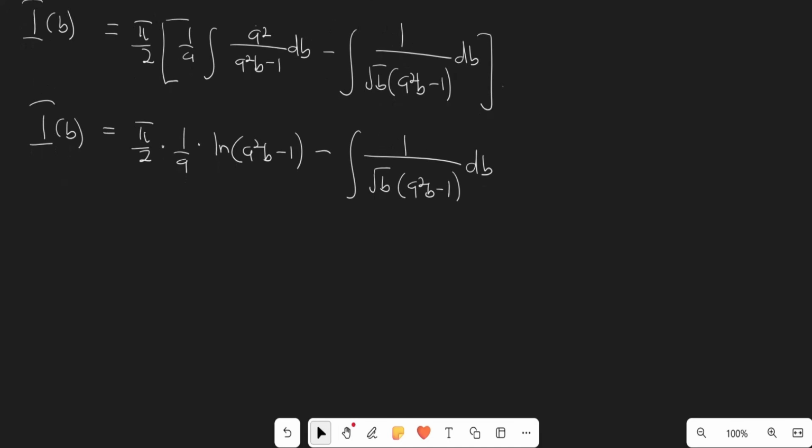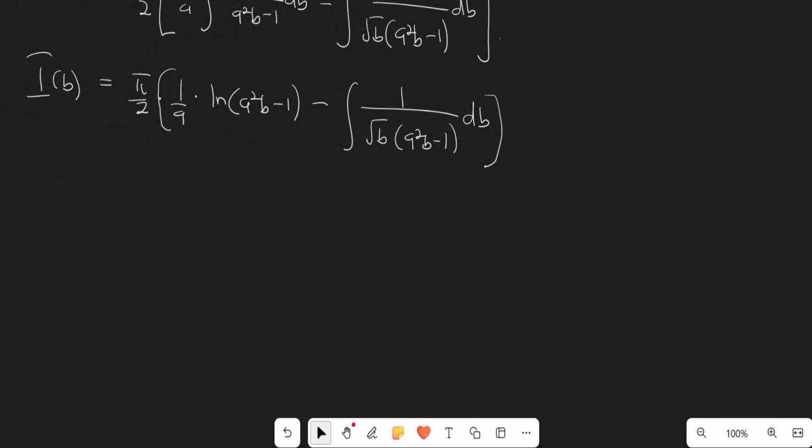I'm going to do a trig sub here. All this one is multiplied by pi over 2 in front. So now let's do a trig sub for this integral. Let's say b is equal to secant squared of theta over a squared, a substitution that I'm using.